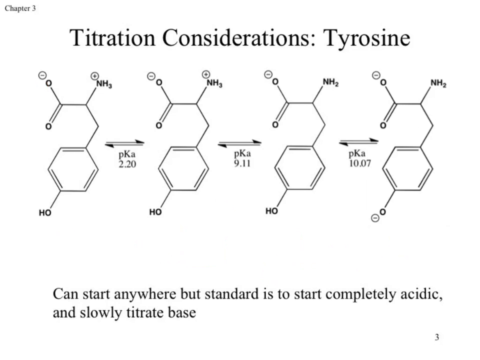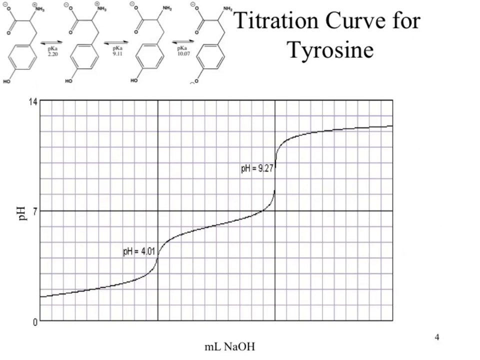Just like we did with our acid and base chapter and buffers, we're going to have to go through and be able to interpret titration curves. So if we take a look at tyrosine, does this titration curve match tyrosine? No. Why not? Tyrosine has 3 pKa's, which means there are 3 points at which it can buffer, which means there should be 3 points on this curve.